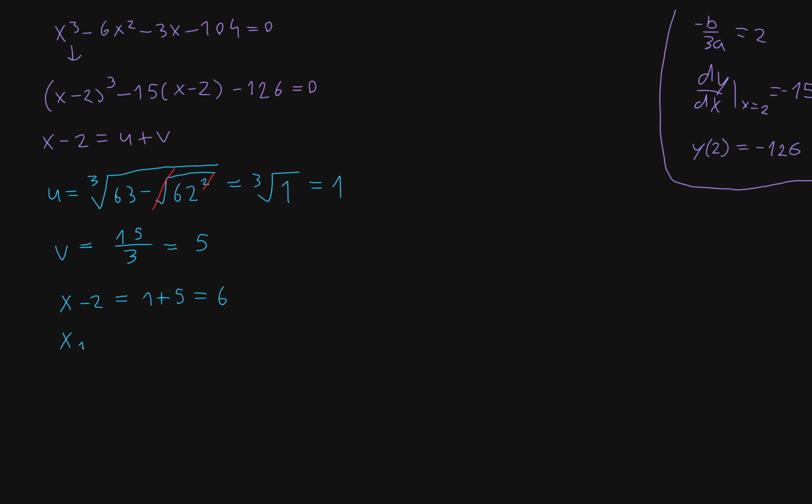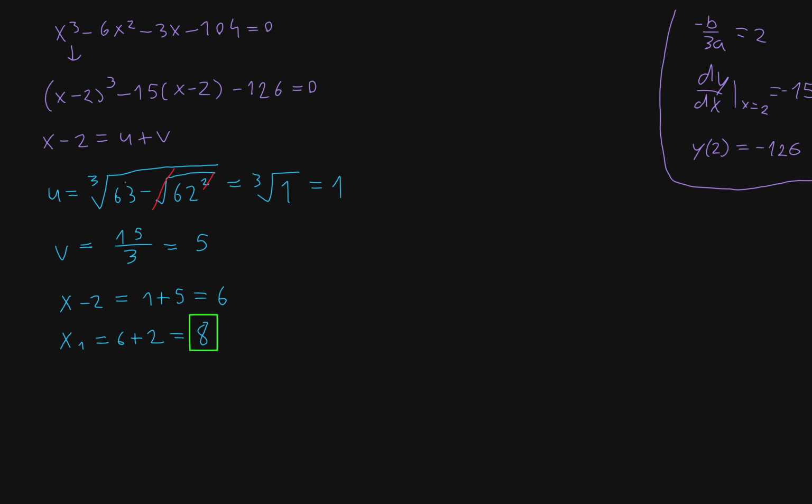I'm going to put this as x1 for our first. This is our real solution, because we saw here that the discriminant is positive. So we're going to have two complex solutions that we'll look at after. This is going to be 6 plus 2, which is 8. So 8, that's our real solution.